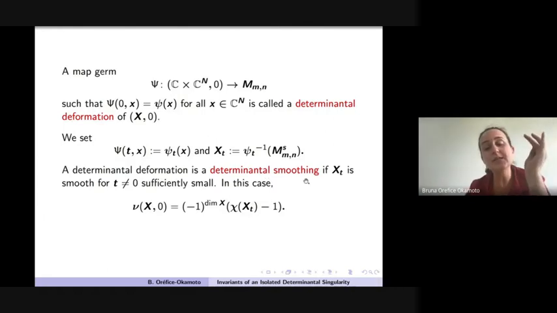And in this case, we proved that the vanishing Euler characteristic of X is equal to (-1)^{dim X} times (the Euler characteristic of X_t minus 1).